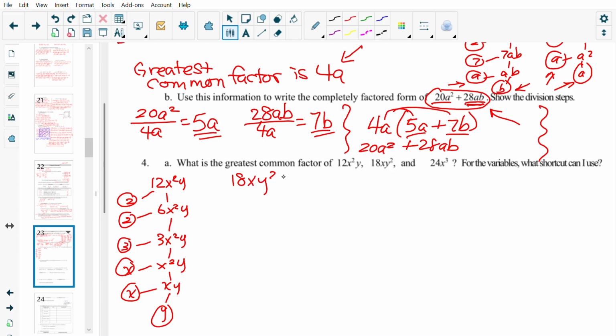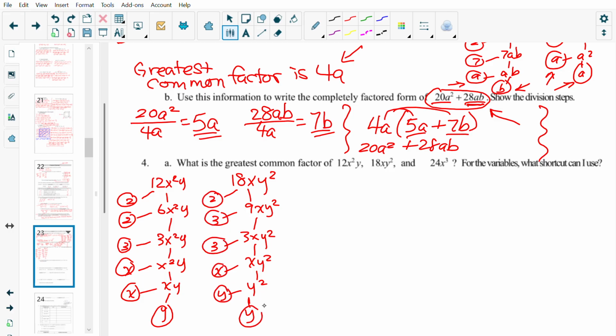What about 18xy squared? So let's keep going. Okay, and then I'm going to divide by x, divide by y. There's my prime factorization of 18xy squared.